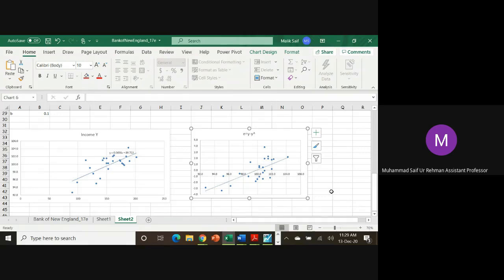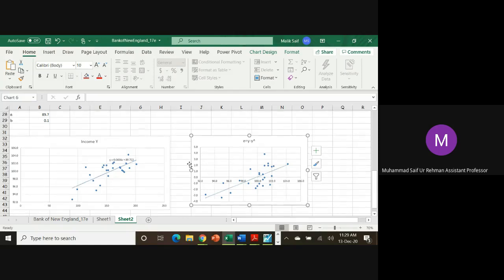If you see, random variation is there in both graphs, in this graph as well as in this graph. So there is no issue of heteroscedasticity in both cases. You can also take into account the residual values and have a graph of these residual values against the actual y values.